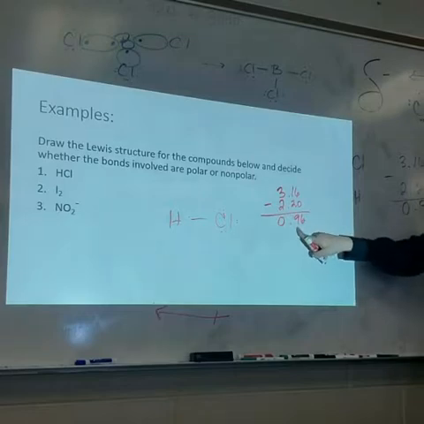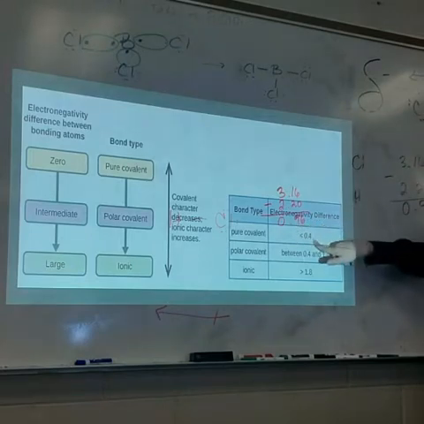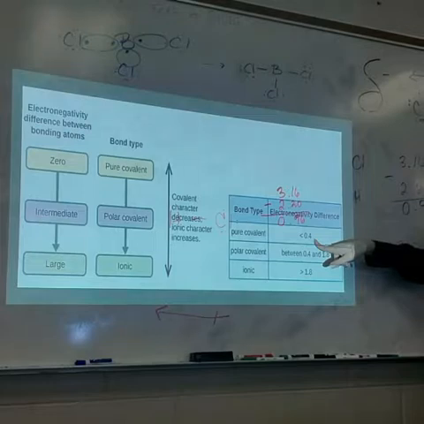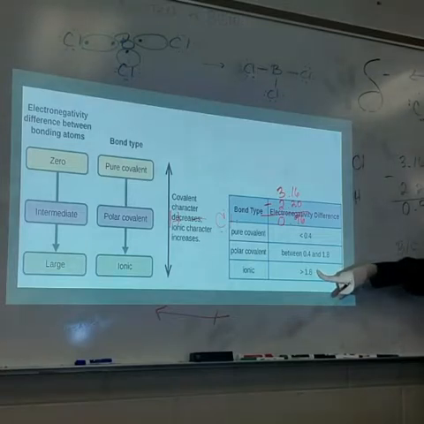So I'm going to find this number on the chart. So is 0.96 less than or greater than 0.4? Greater. So clearly this is not pure covalent. In order to be pure, it has to be less than. It is polar. Is it greater than 1.8? No. So clearly it's not ionic. Also, it's not a metal and a non-metal, so it's obviously not ionic.